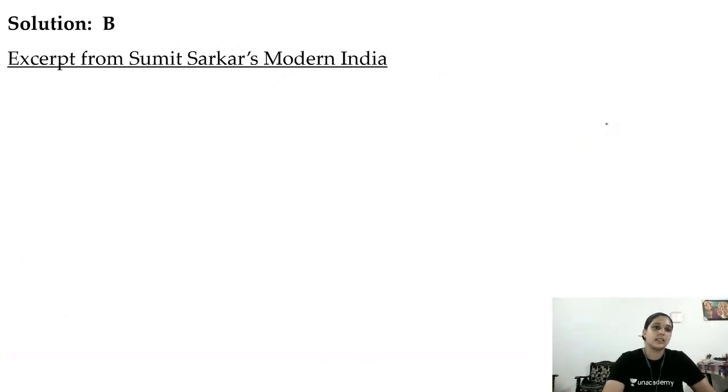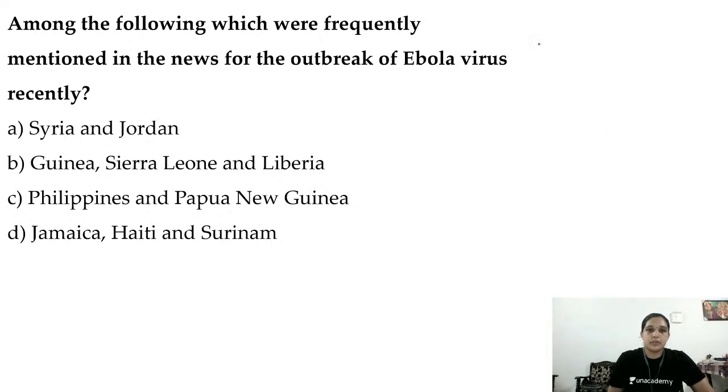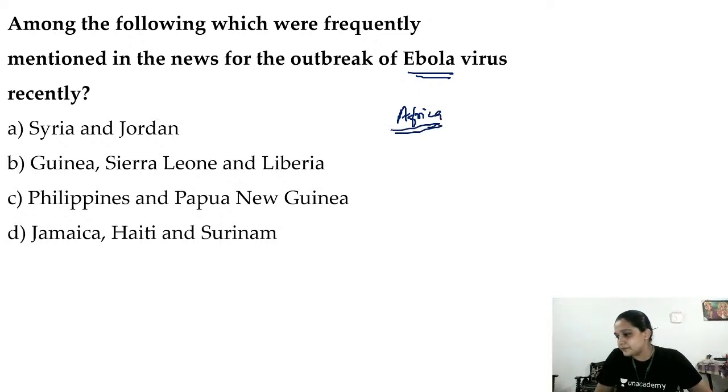Yes. Among the following, which were frequently mentioned in the news for the outbreak of the Ebola virus? Guinea, Liberia, Syria and Jordan, and then Philippines, Papua New Guinea, Jamaica. See, the Ebola virus became very famous in Africa. In Africa only the Ebola virus started. Syria and Jordan are in Asia and Europe, in the Eurasia concept.